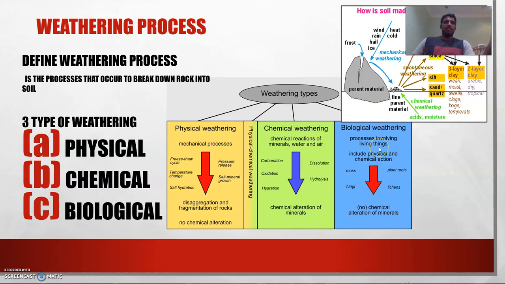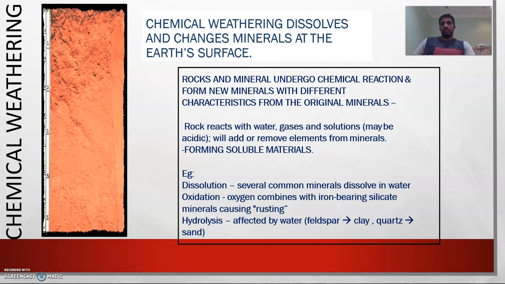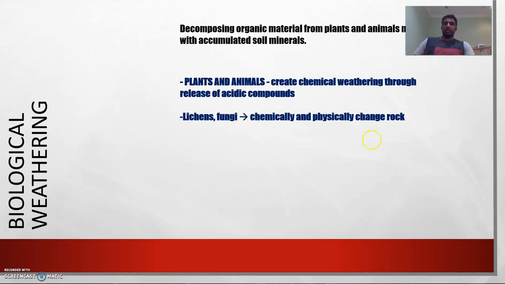Please list down the biological weathering agents, the microbes, or list down 3 or 4 that help biological or chemical weathering. Or list down 5 processes of chemical weathering. Yes, these kinds of questions can come out in exams. This is further explanation of physical, chemical, and biological weathering. You can go through it in your slides.